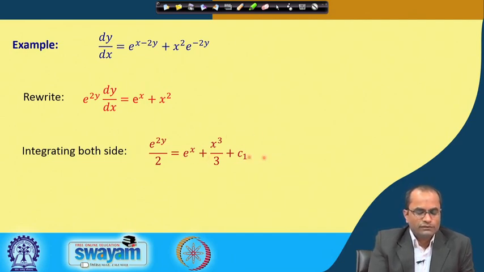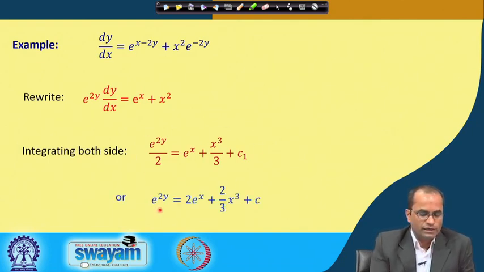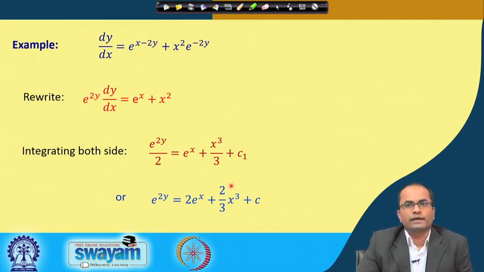What we can do here is multiply by 2, just to rewrite the solution. So, we have e^(2y) is equal to 2 e^x plus 2 by 3 x^3 plus 2 times c1, which we denote again by a constant c.